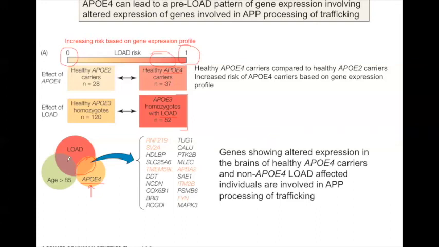Now, what's interesting is that as we age, and particularly people who are over 85, they also show changes in gene expression patterns in their brain, which are similar to late onset Alzheimer's disease.